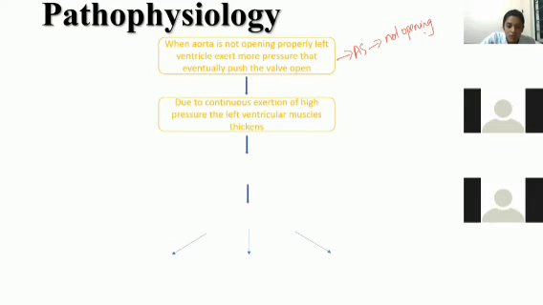Due to continuous exertion of high pressure, the left ventricular muscle thickens. That is known as left ventricular hypertrophy.